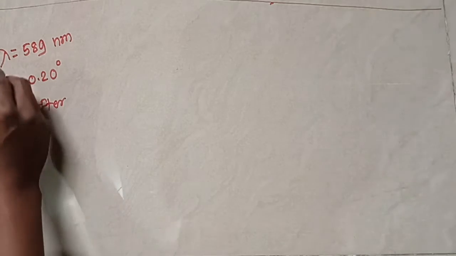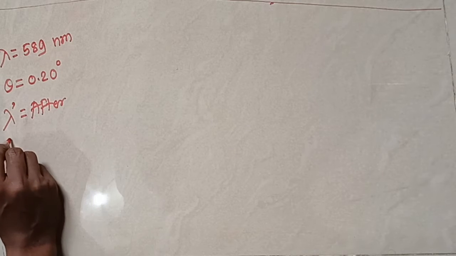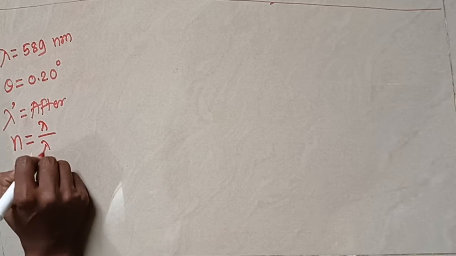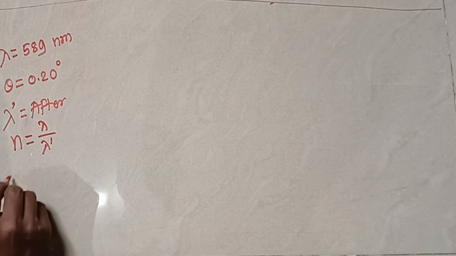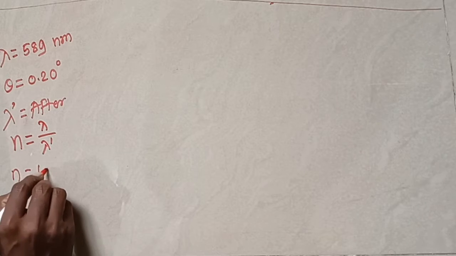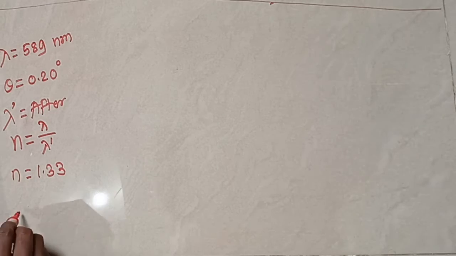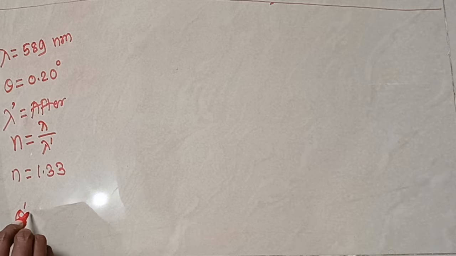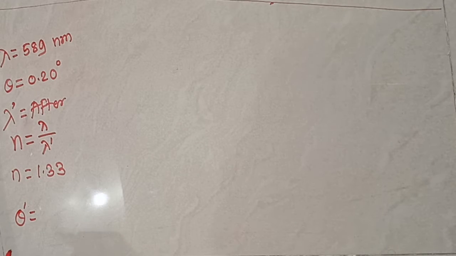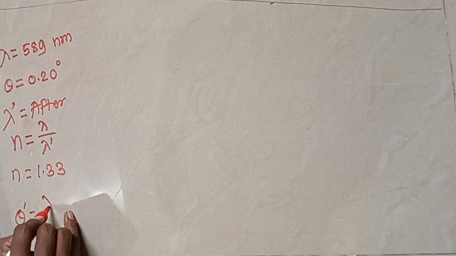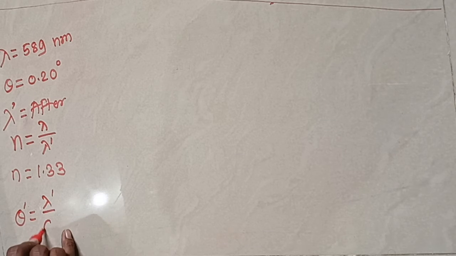Now here we get the relation between wavelength and refractive index: n is equal to lambda upon lambda dash, and here n is given, which is 1.33, right? Now theta dash is the angular separation after immersion in water, which is theta dash is equal to lambda dash upon a.